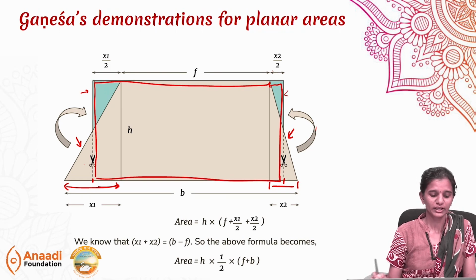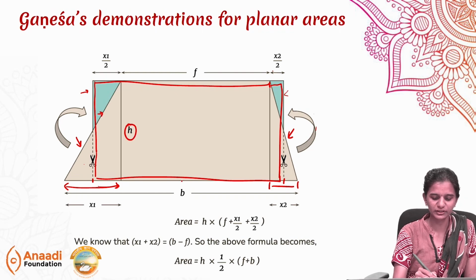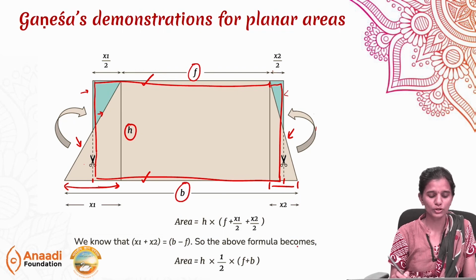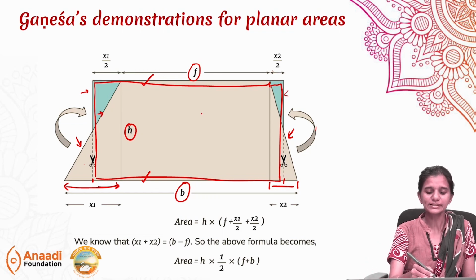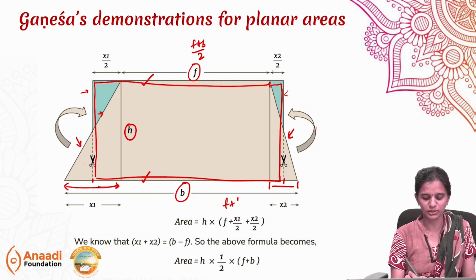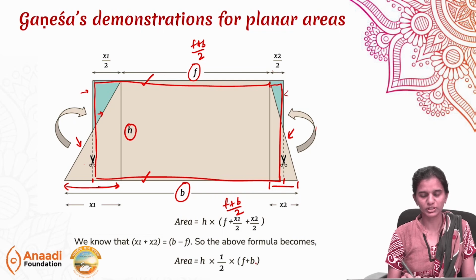We know that this side of the rectangle is the height. But what about this side? The sum of this side and this side put together is the sum of the face and the base, because only that we have rearranged to put this rectangle. Since these two sides are equal, one side is (f plus b) by 2, then the other side is (f plus b) by 2. Hence, the area of this rectangle will become height into (f plus b) by 2.